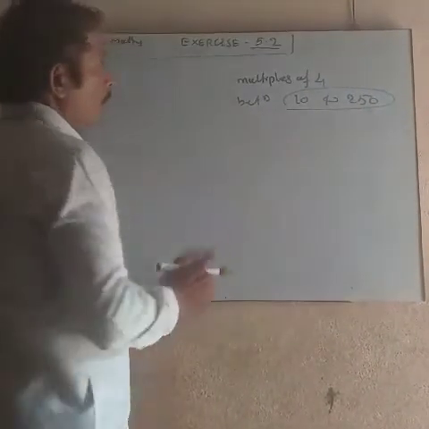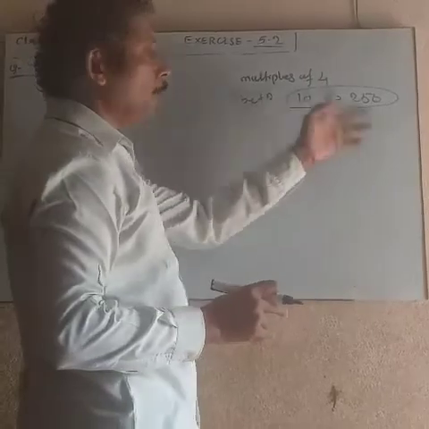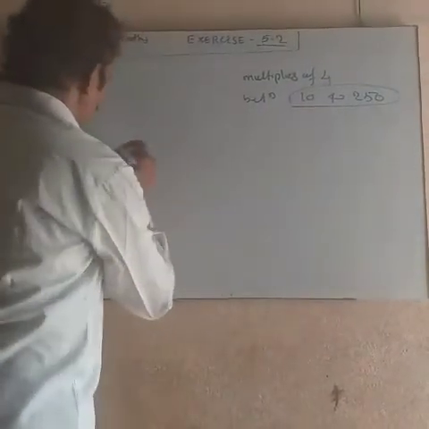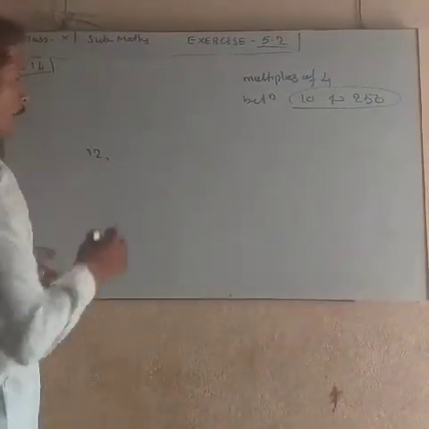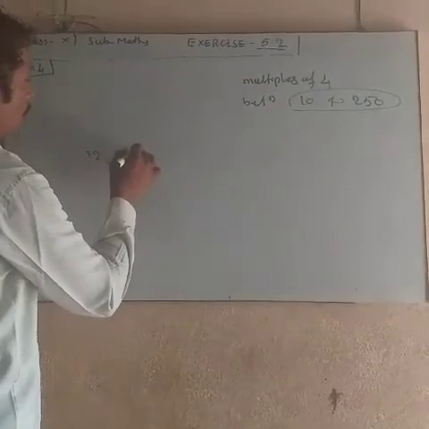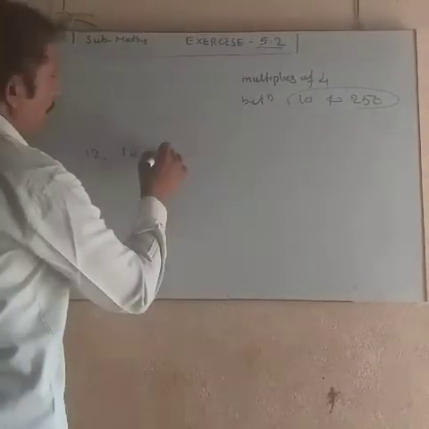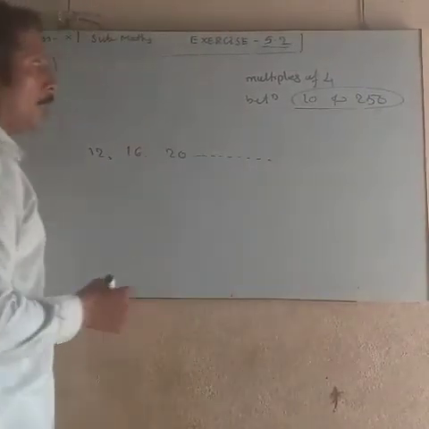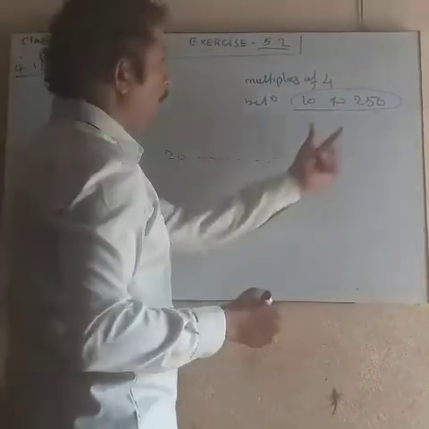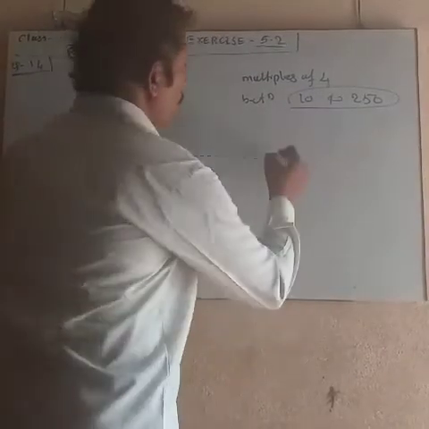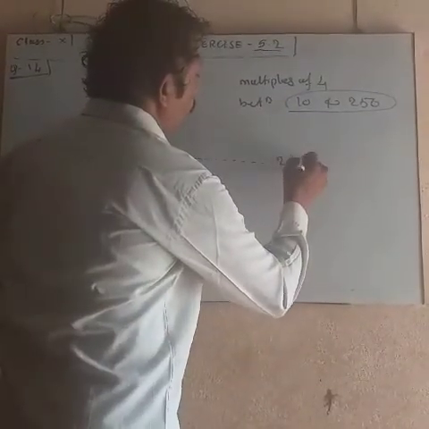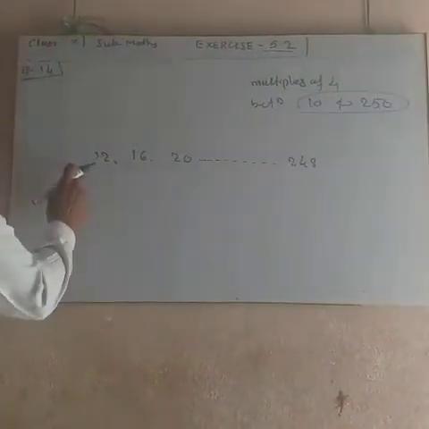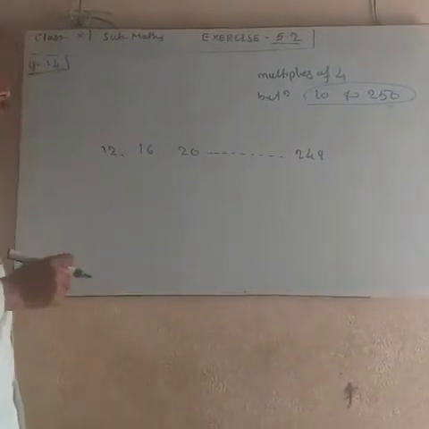Multiples of 4 from 10 to 250. The first number is 12. Second number 16. Third number 20. Like this the numbers are continuing. The last number that is within 250 is 248. This is our required AP.